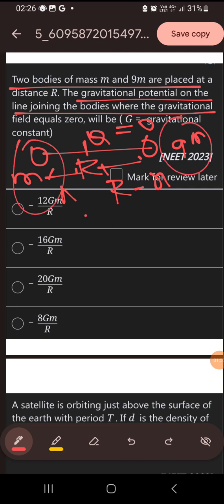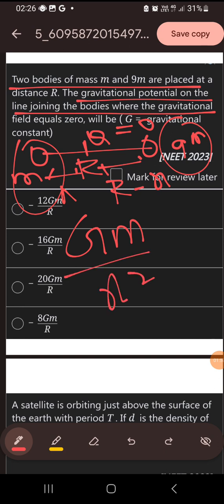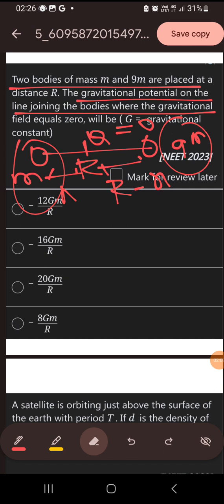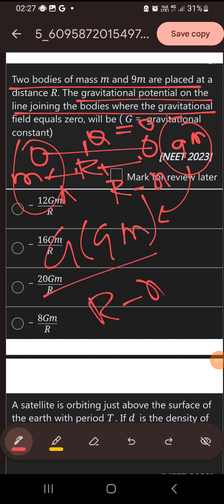So we can write G m by x square for this mass, and for our second object we'll deal with G 9m by r minus x whole square.